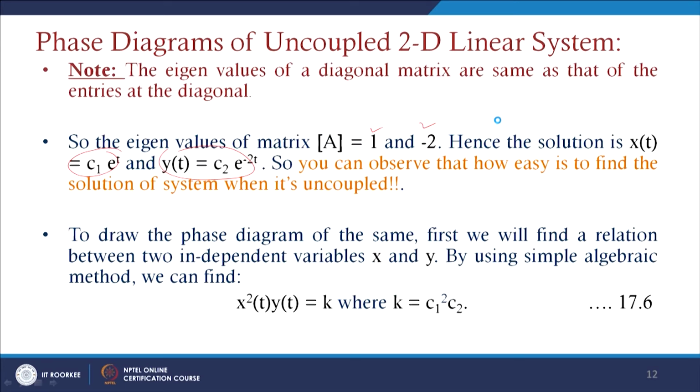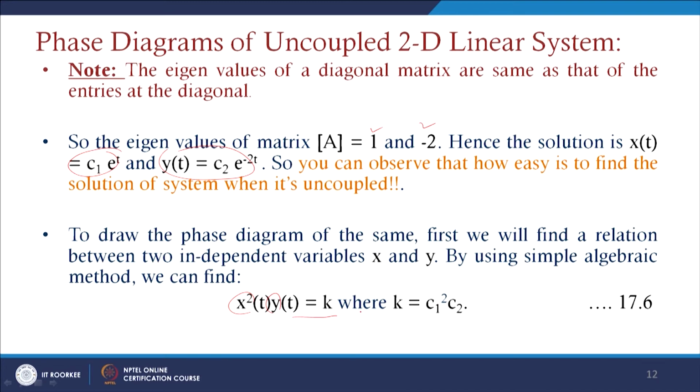And if we want to plot this function in a phase diagram, first we will find a relation between these two dependent variables x and y. By a simple algebraic method, we can find the relationship as x squared into y equals, suppose, k.